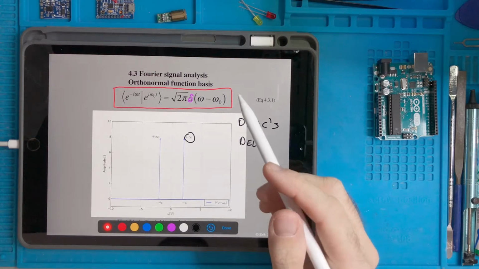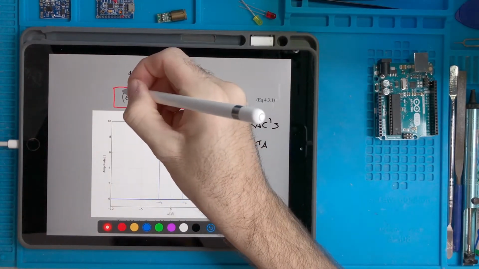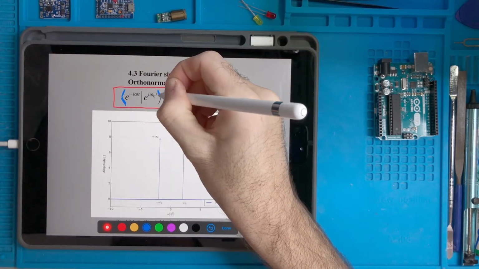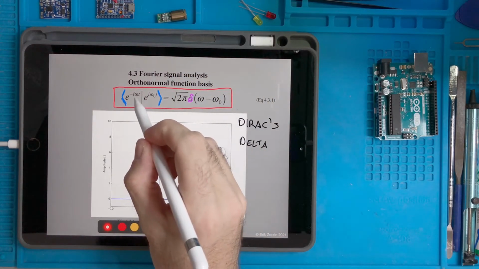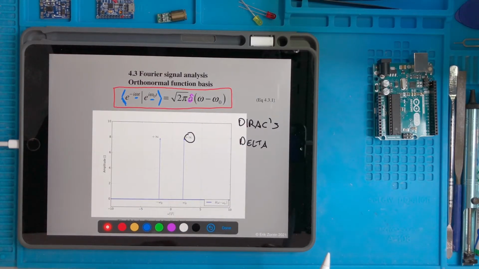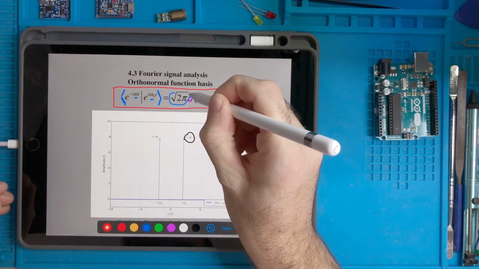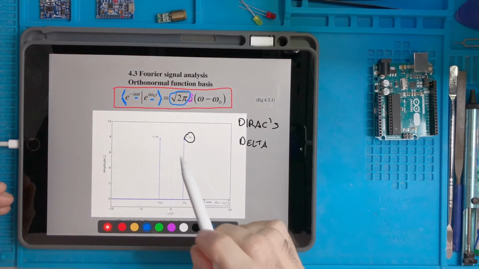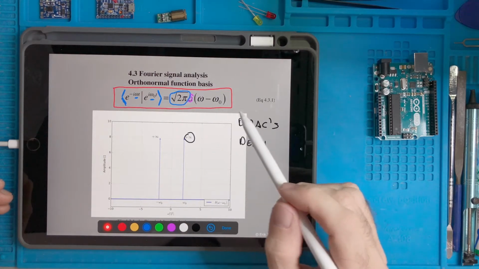For us, it means that this inner product is different than 0 if omega equals omega 0. So if we take the inner product of a function with itself, we get something different than 0. Otherwise it's 0. And here we have a coefficient that comes from the exact mathematical calculus that we can do.